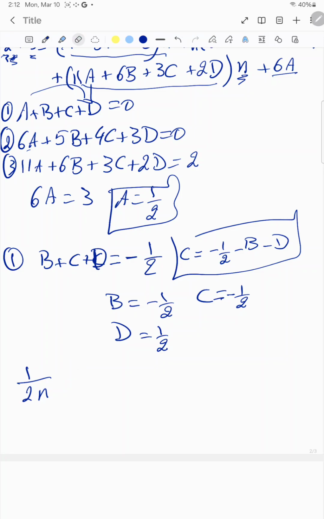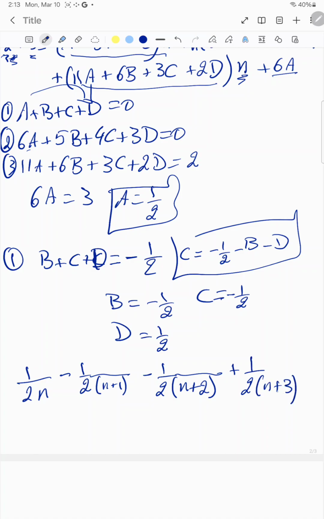So this is minus 1/2 multiplied by 1 over n plus 1, and my c is equal to minus 1/2, and it was n plus 2, and my d is plus 1/2 divided by n plus 3.